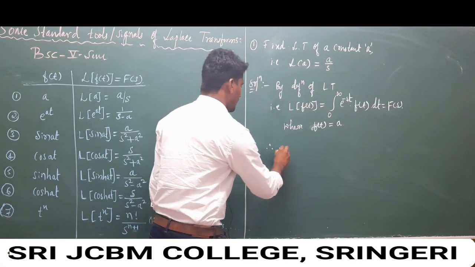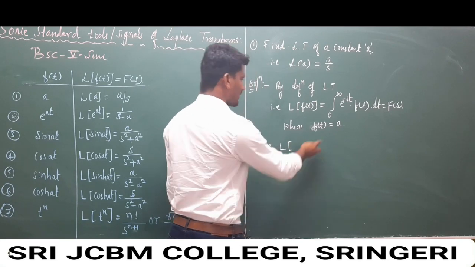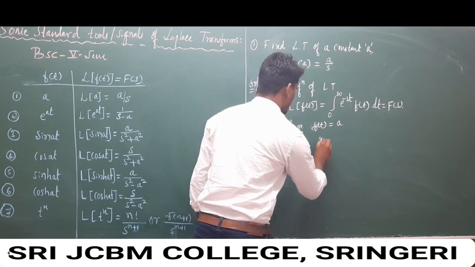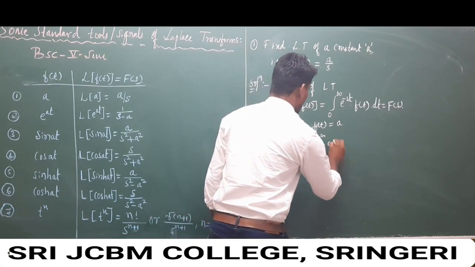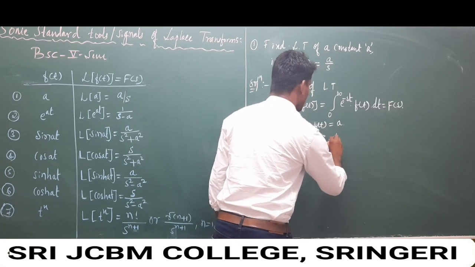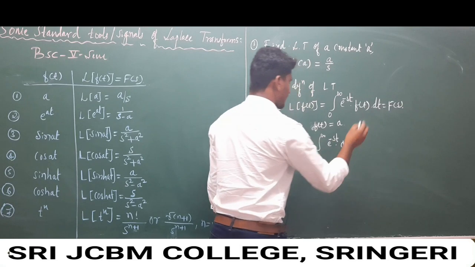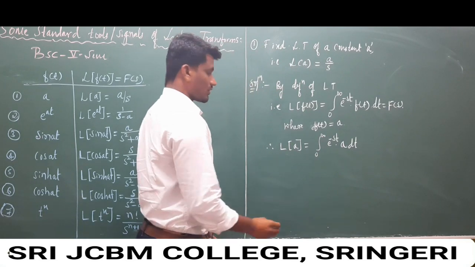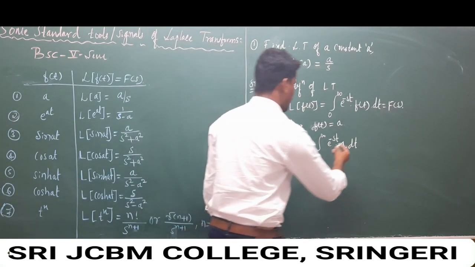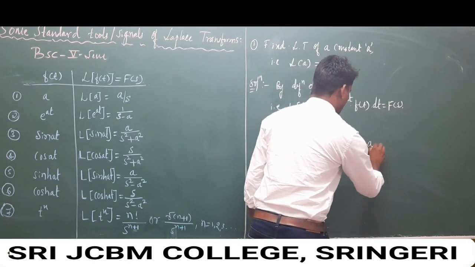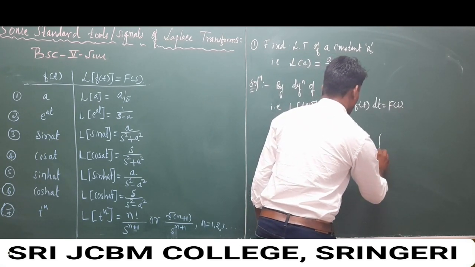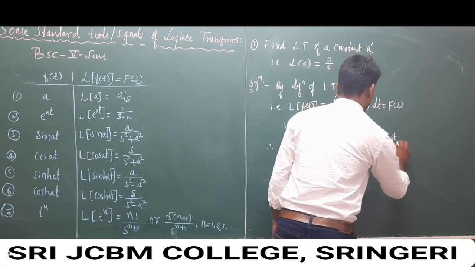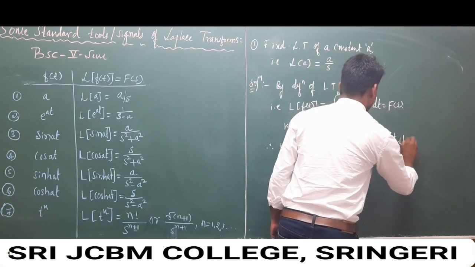Therefore Laplace transform of f of t is our constant a, and integration 0 to infinity e to the power minus st, and f of t is a, dt. So a is a constant, so take a outside, integration 0 to infinity e to the power minus st dt.